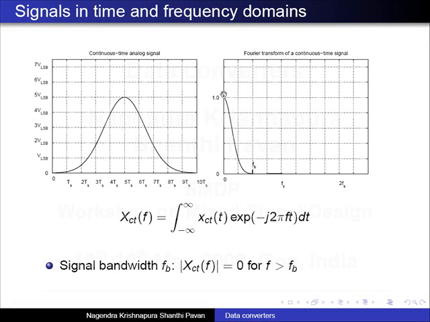So it starts from here and goes to this point F_B, which I have labeled F_B, and then after that it is almost 0. So this F_B is something I call the signal bandwidth. Now every signal, depending on how it varies, has some bandwidth. It's just important for us to know that there is something called the signal bandwidth. Basically, that is the point beyond which the signal has insignificant energy.